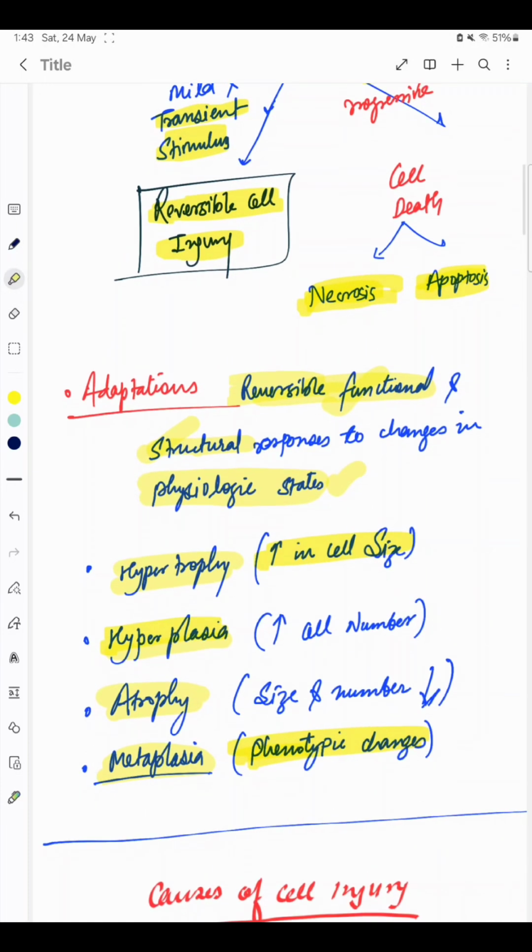a cell is changed from one mature type to another, like columnar epithelium changed into squamous epithelium, or vice versa. Like in Barrett's esophagus, squamous epithelium is replaced by intestinal columnar epithelium to withstand the acid exposure from gastric reflux.